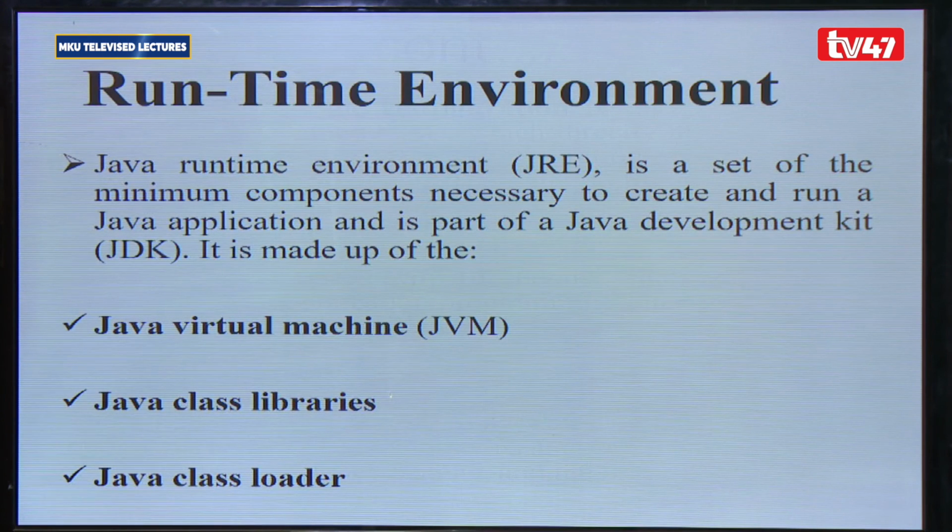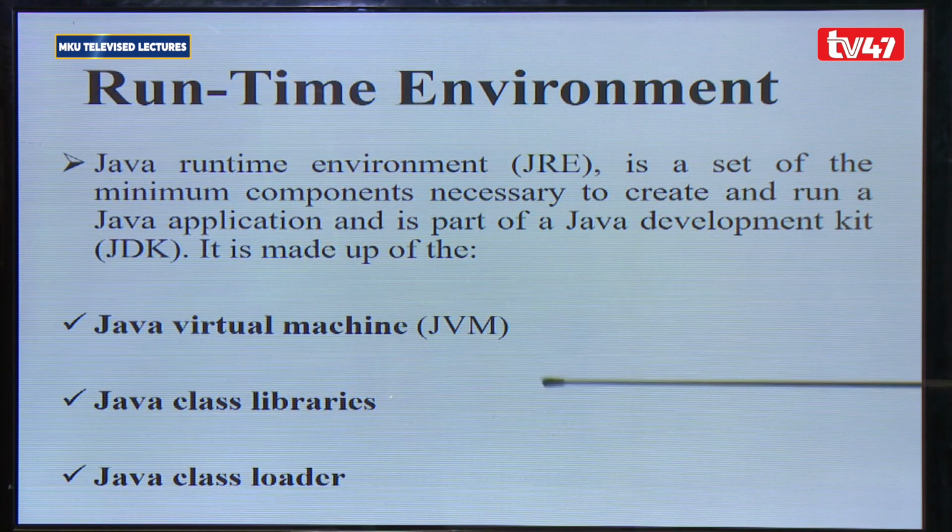And then we can just highlight a little bit about the runtime environment. And this will be a very key thing in your life as a Java developer. The Java runtime environment is a set of minimum components necessary to create and run a Java application, and is part of the Java Development Kit, JDK.